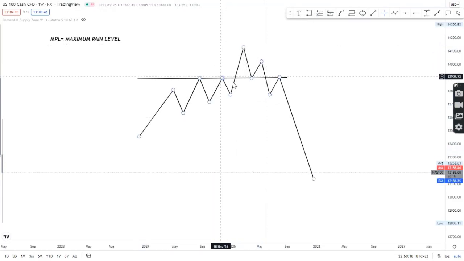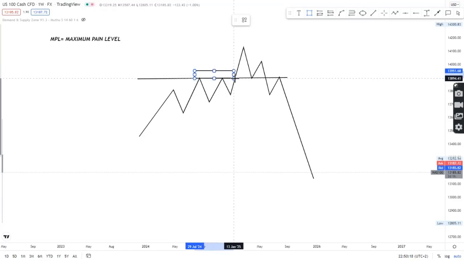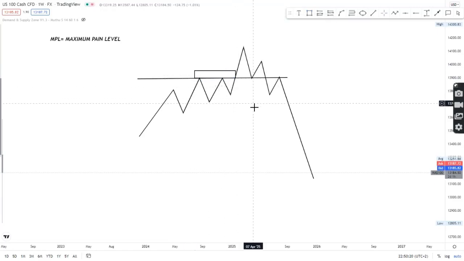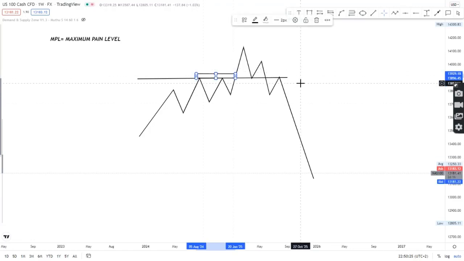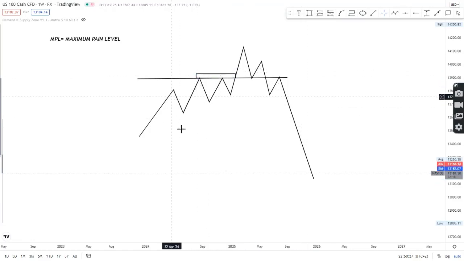So what happens when support and resistance traders see this level right here? They'll look at this as a strong level of resistance. Therefore, they would like to sell from that level. According to support and resistance trade strategy, we sell or buy on the third touch.